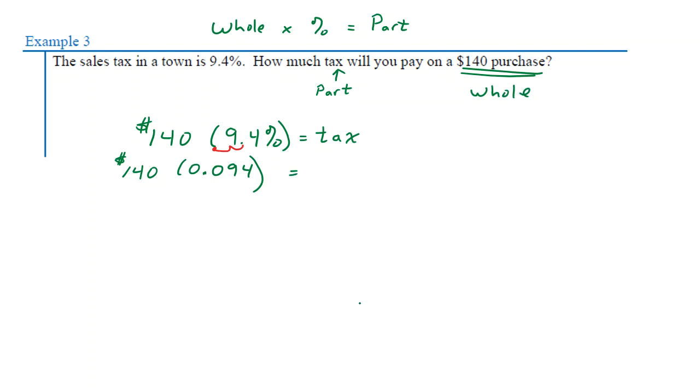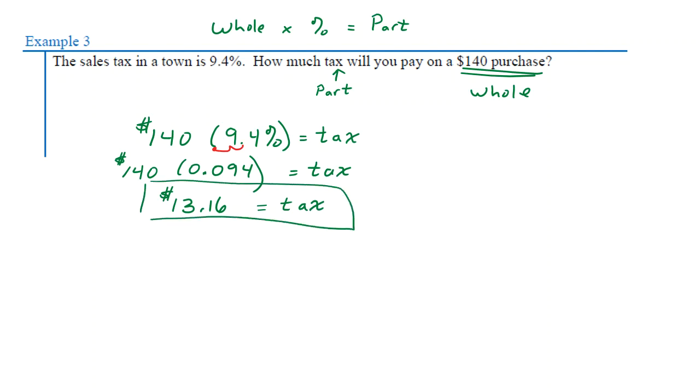Now, since this is money, we would round it to 2 decimal places. In this case, we came up with 2 decimal places, so we don't have to round it too much. But if it was 3 decimal places, we would want to round it to 2 to be money. So we have to pay $13.16 in tax.